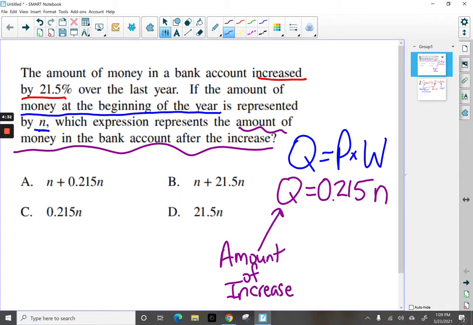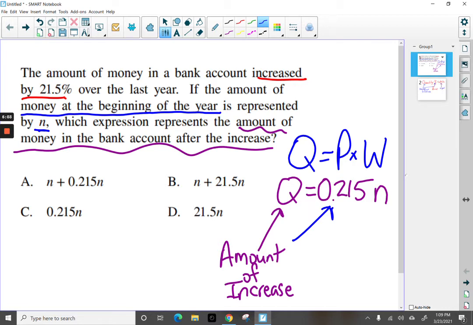So in this problem, we have actually found out how much this is increasing by. This is increasing by 21.5%. Here it is, the amount that we are increasing by. So if I now know the amount we are increasing by, how much more money is in this bank account, I of course need to add it on to the original amount.